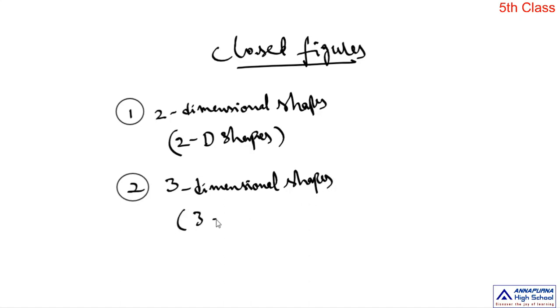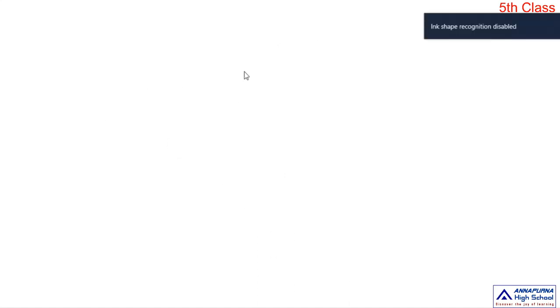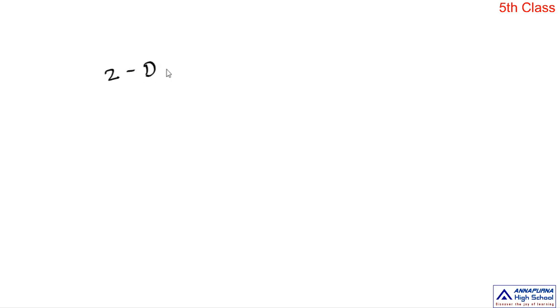They are also called 3D shapes. Let me explain the first one, 2D shapes. What is the meaning of 2D shapes?